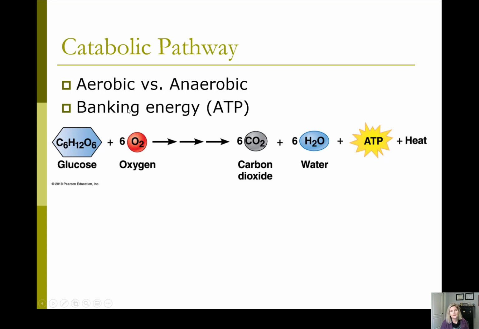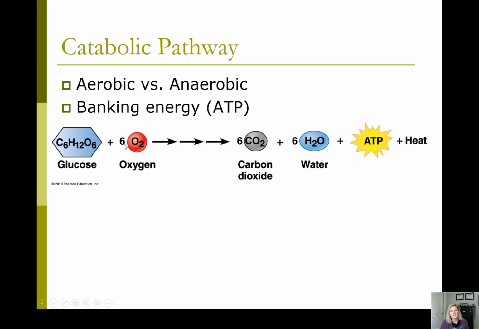Certain bacteria, certain protists, certain organisms can strictly undergo anaerobic respiration and still produce quite a quantity of ATP. Typically they use some other electron carrier, whereas aerobic respiration uses oxygen as the electron carrier. We'll talk more about that later.